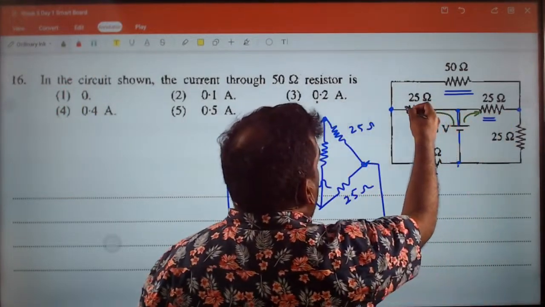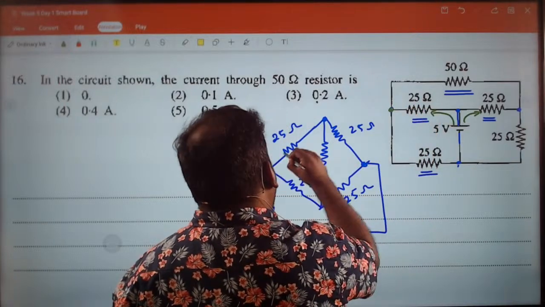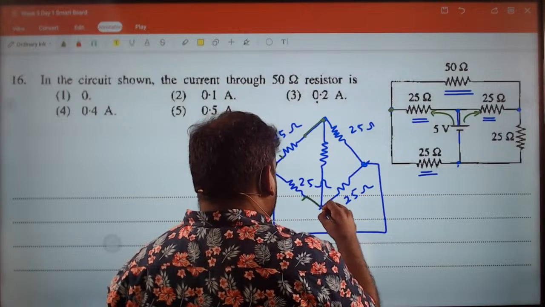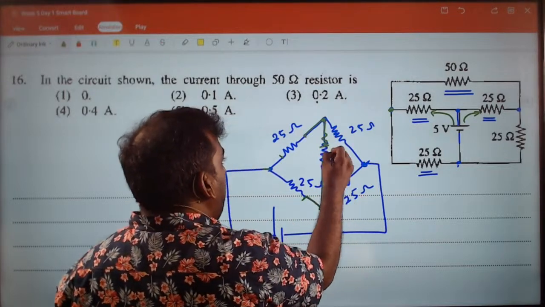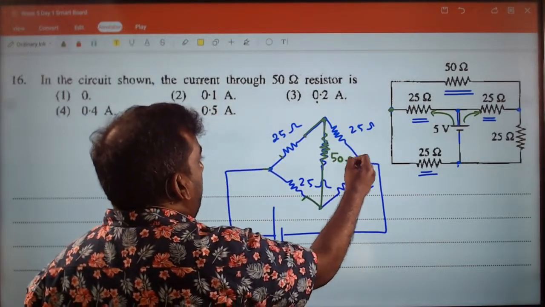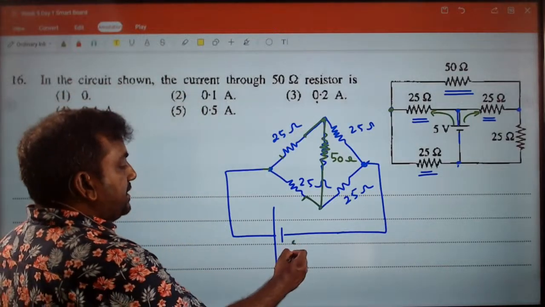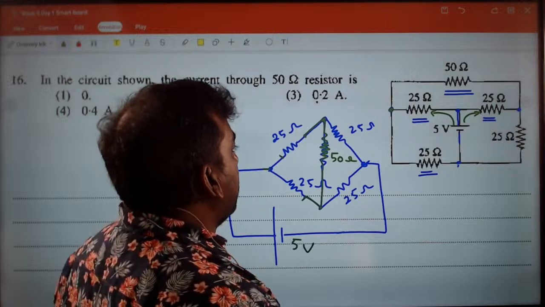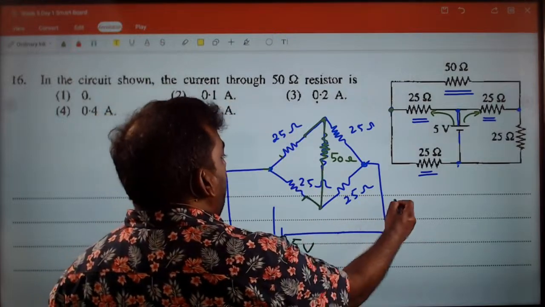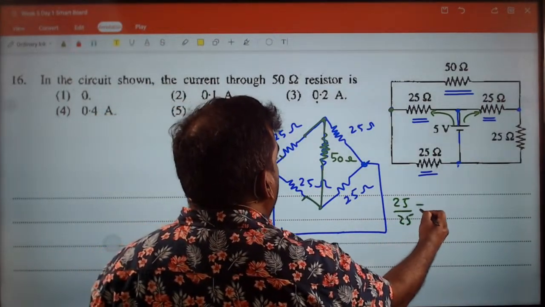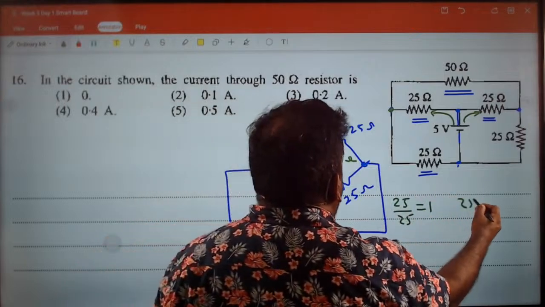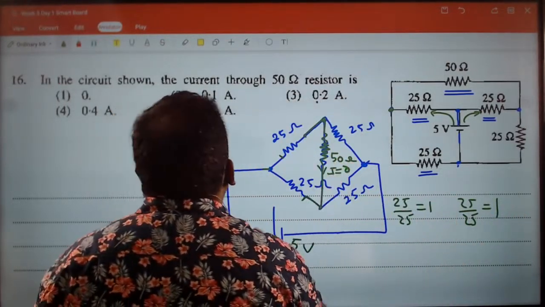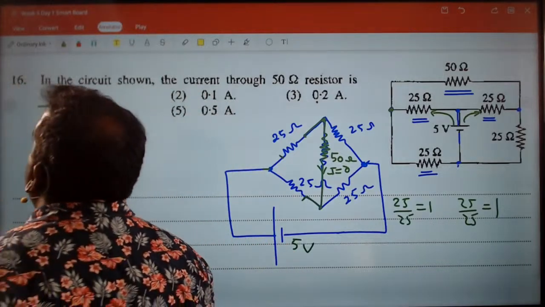The opposite of the positive terminal is connected here, and the opposite is connected there. Across that we have 50 ohm. Tell me, what kind of bridge is this? Wheatstone bridge. 25 divided by 25 is 1. What's the current through 50 ohm? 0. Zero current, answer number 1.